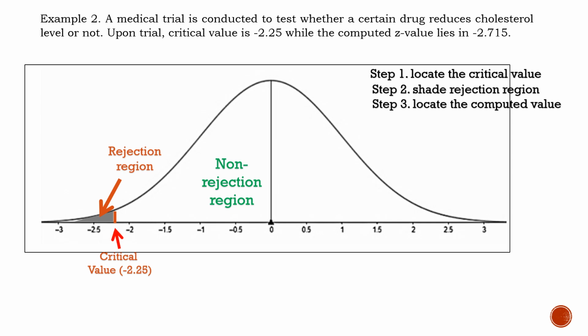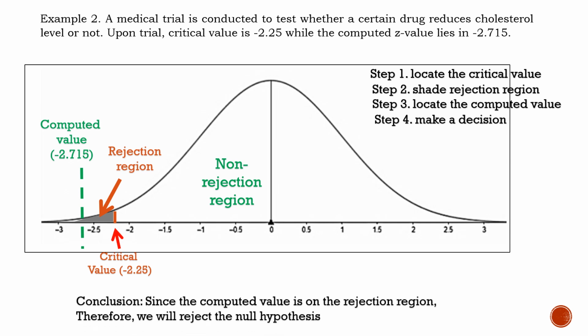Based on the problem, the computed z-value is negative 2.715, and I believe it is in this area. It lies in the rejection region, and we are now ready to make our decision. Since the computed value is in the rejection region, therefore, we will reject the null hypothesis.